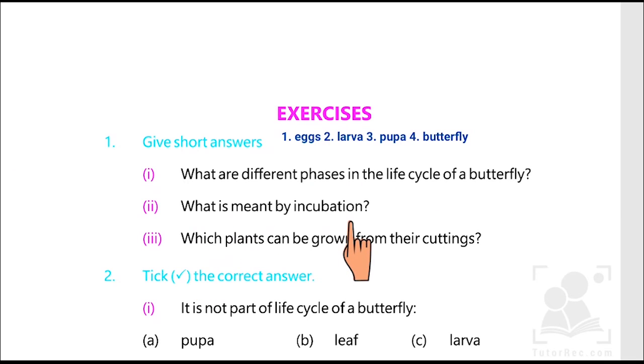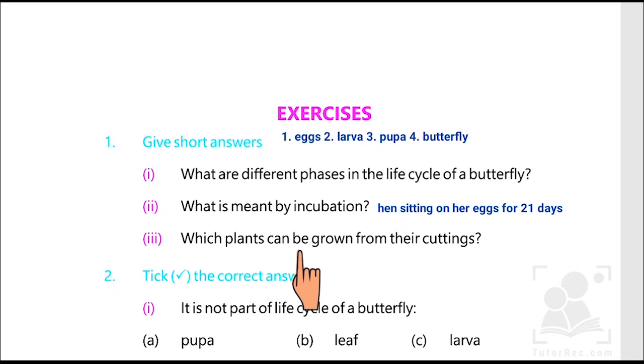What is meant by incubation? When a hen sits for 21 days on its egg, it's called incubation. So let's write. When a hen sits on her eggs for 21 days, it is called incubation.